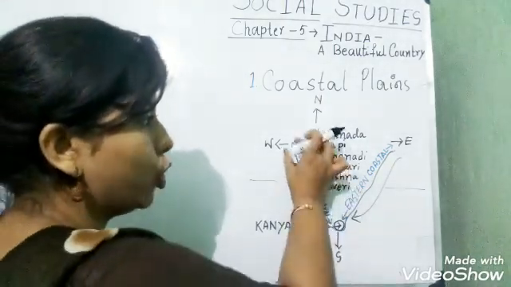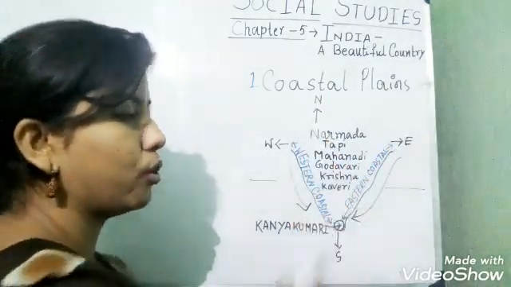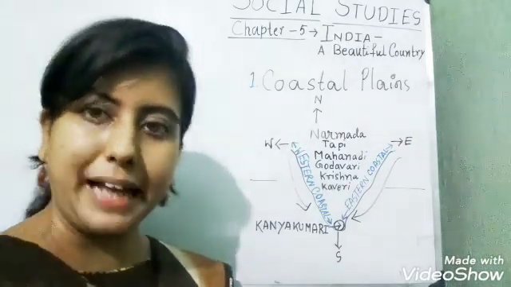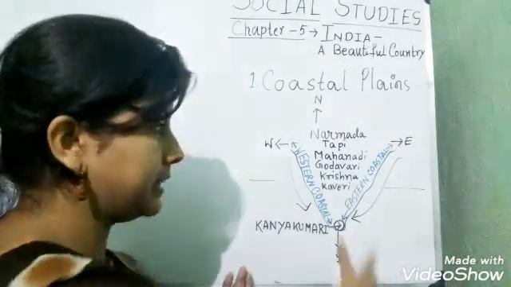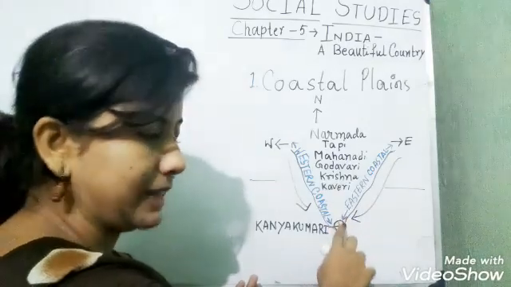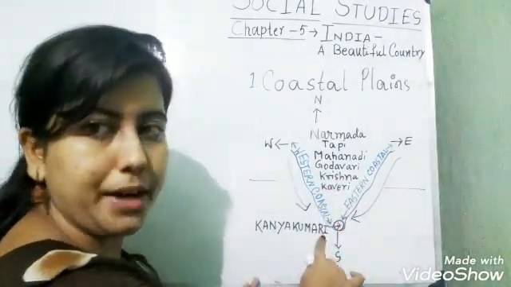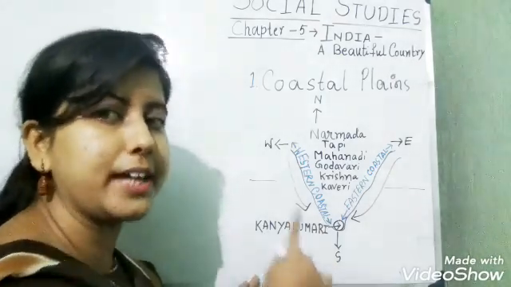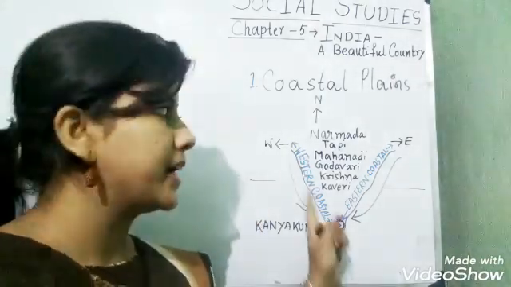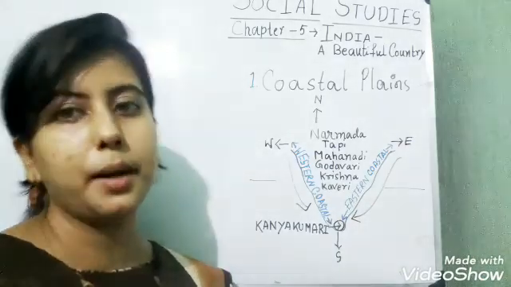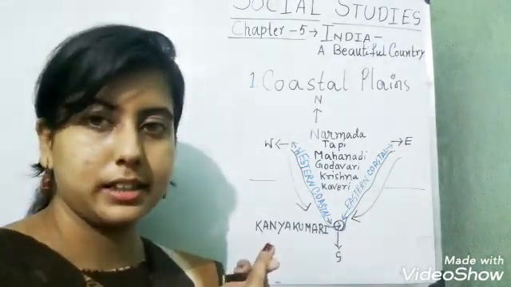So, we have two narrow strips of plain land, and these two plains meet at Kanyakumari. Kanyakumari is the place where these two coastal plains meet.